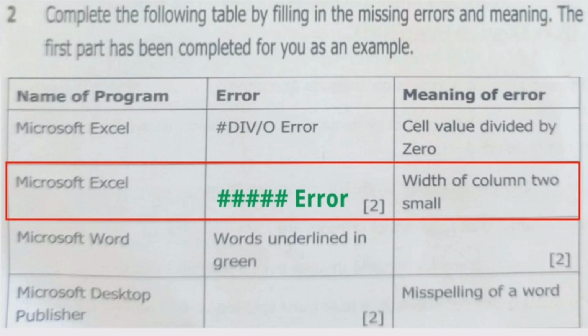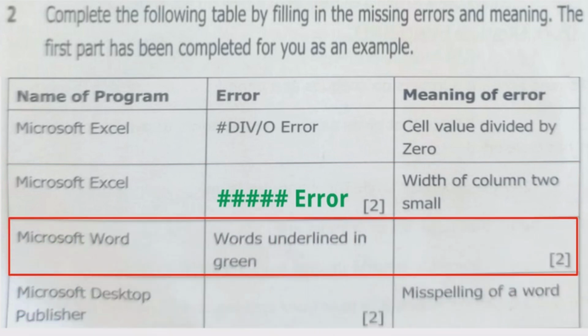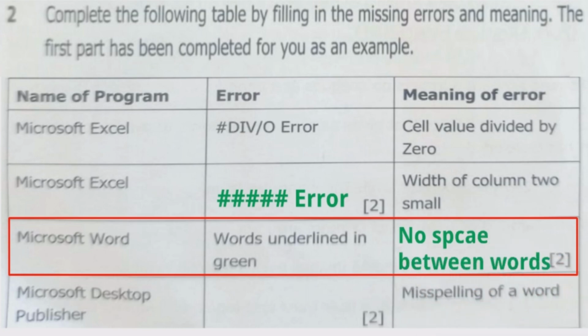Okay, then we come to the third row, which is Microsoft Word. Words underlined in green. So if you have an error of words underlined in green, what is the meaning of that error? So what it means is 1, it is wrong grammar. 2, no space between words.